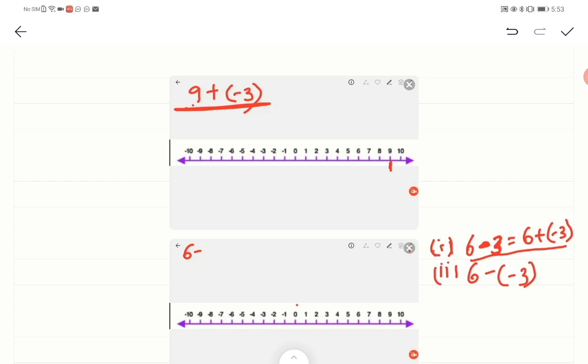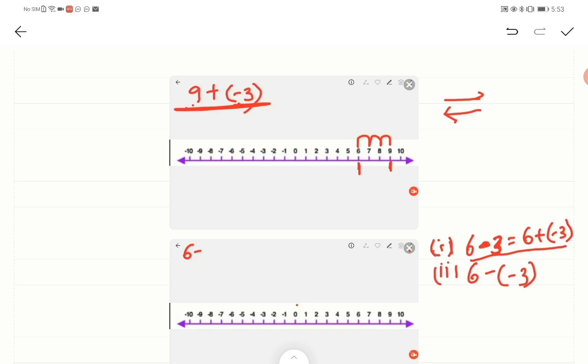Now decide where to move, whether forward or backward. Since here it is given minus 3, you will move backward. How many steps? 3 steps. So from 9, move back 3 steps: 1, 2, 3. So your answer should be 6. According to the number line representation, it is 6.